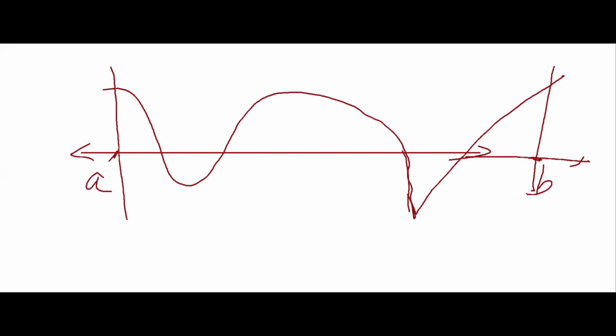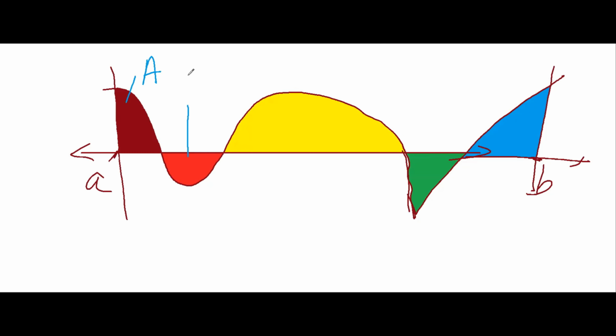First you will plot this, and then you will find each of these regions, and after finding all of them you will add all. Say this is A, this is B, this is C, this is D, and this is E.